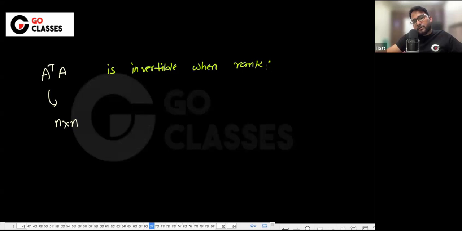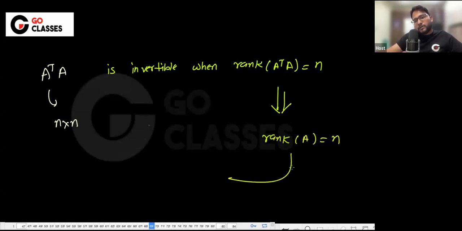rank is n. What does this mean? If A is m cross n, then columns of A are linearly independent.